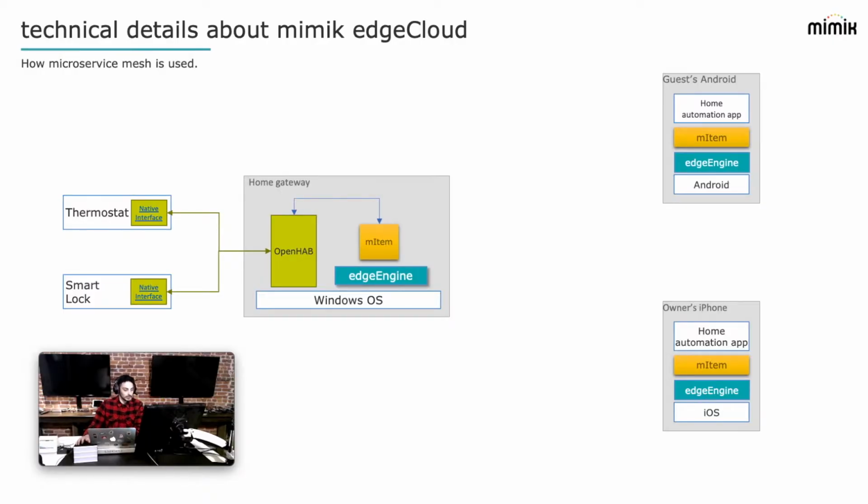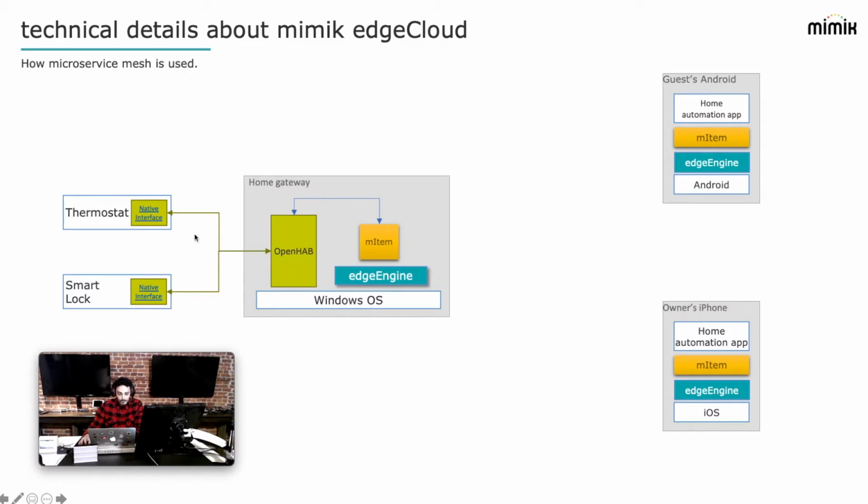Now we'll take a look at the technical details behind the demo you just witnessed. So here is the home gateway that we saw, which is what's running on my Windows OS. It has mimik edgeEngine, it has OpenHAB, and it has a mimik microservice called mitem.